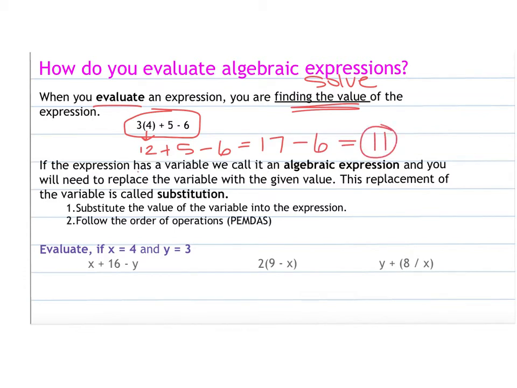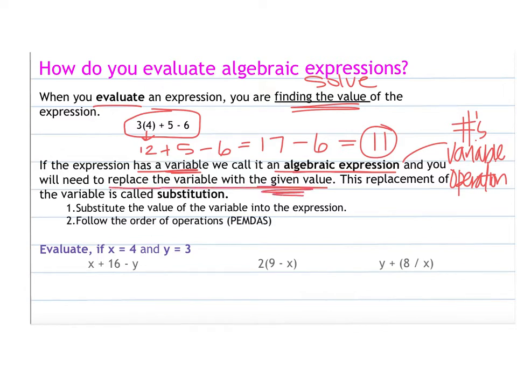If the expression has a variable, we call it an algebraic expression. So an algebraic expression has at least one number, at least one variable, and at least one operation. And then when we are given an algebraic expression, we need to replace the variable with the given value.